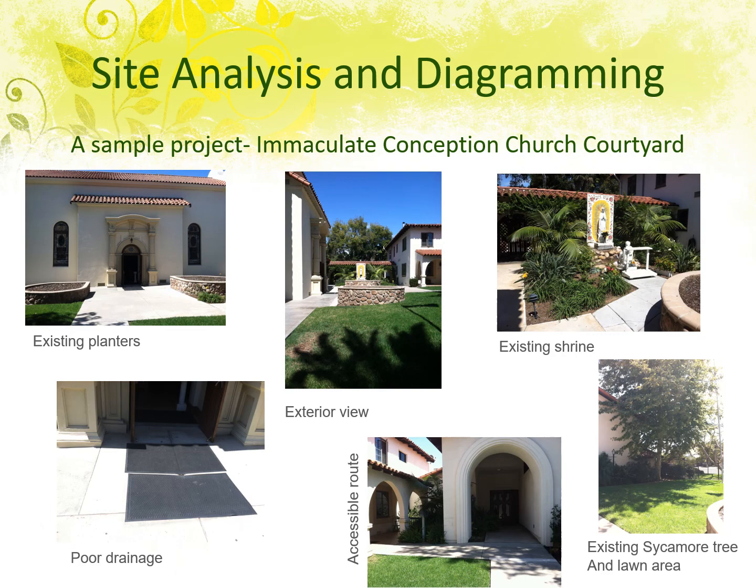So we did our analysis and diagramming. We documented these existing planters, which were really strange because they didn't match anything. They were just these weird CMU planters, and the surface didn't have the architectural classic character.